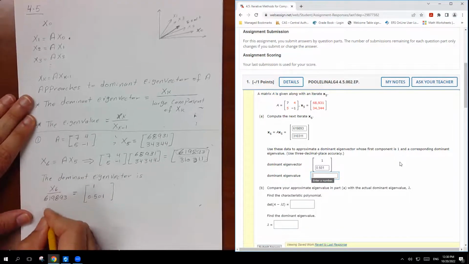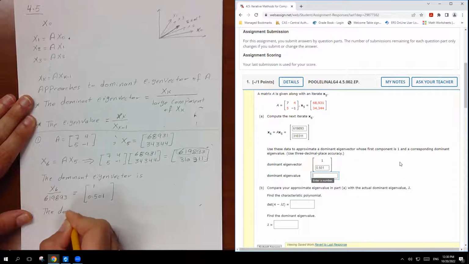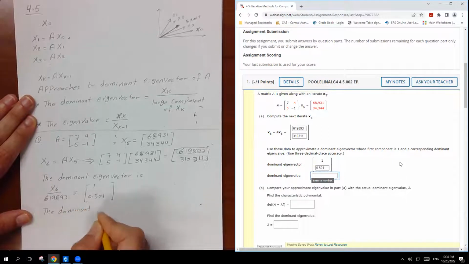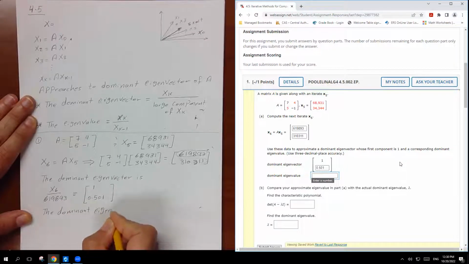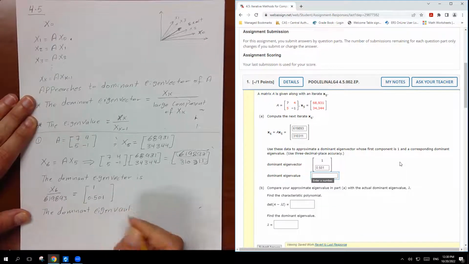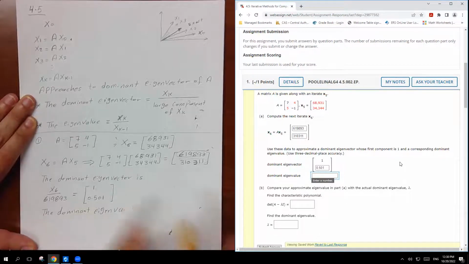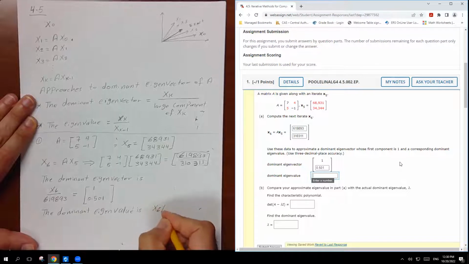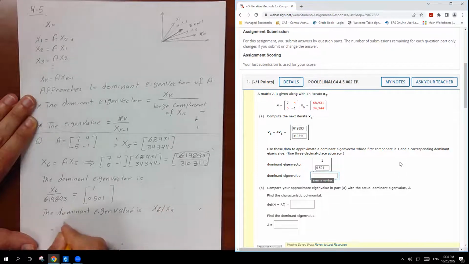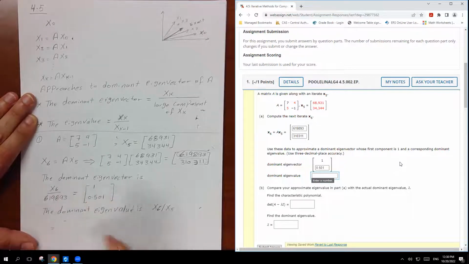So the dominant eigenvalue is x6 divided by x5. x6 is these two values, 619893 and 310311.